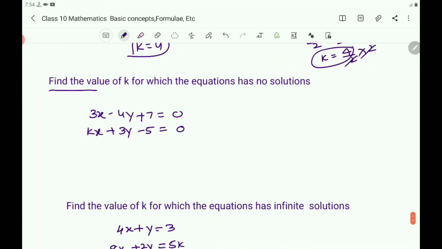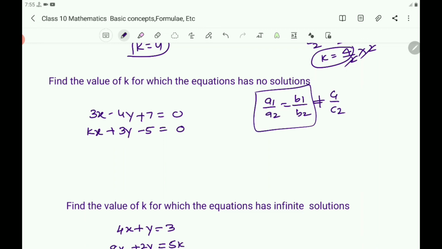Next, find the value of k for which the equation has no solution. For no solution, you know the relation a1 by a2 equals b1 by b2 not equal to c1 by c2. Now let us have these two relations. a1 by a2 is 3 by k. 3 by k equals minus 4 by 3.